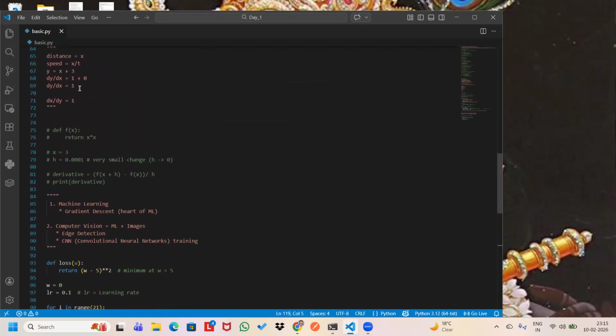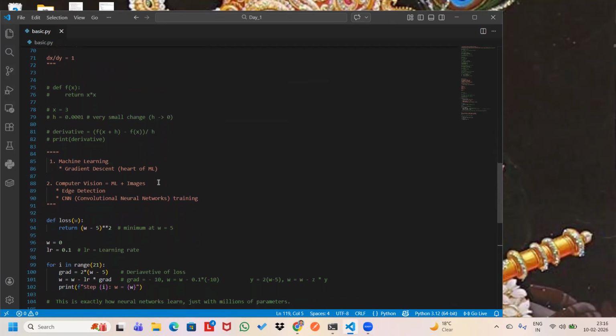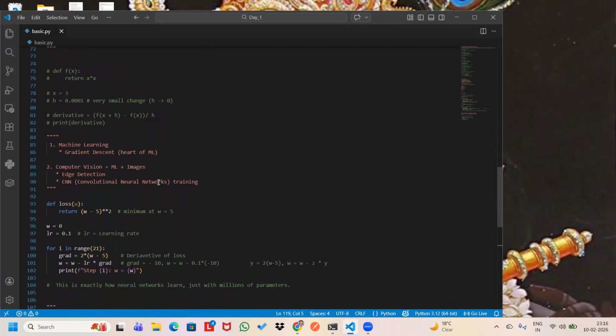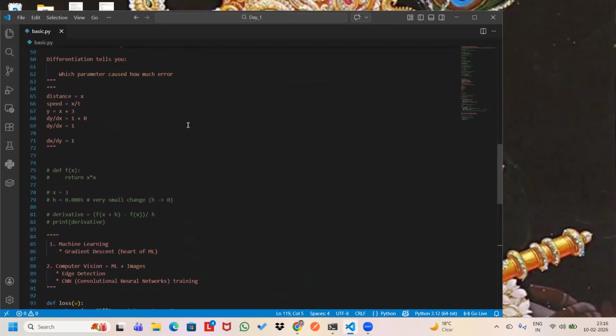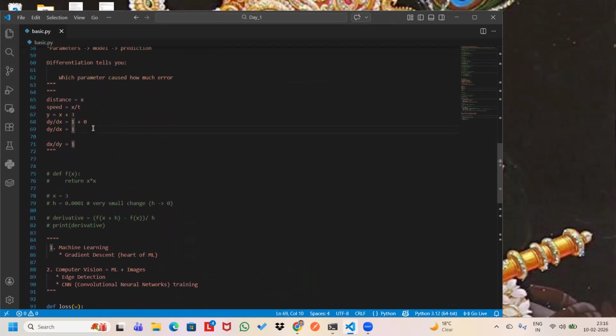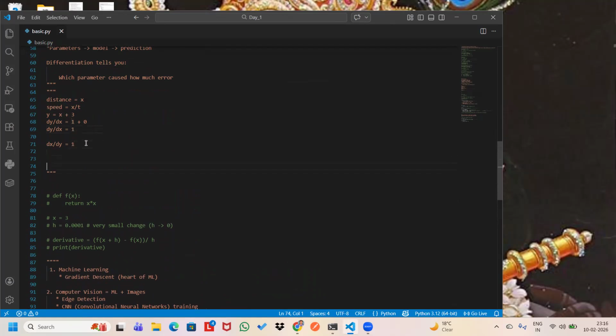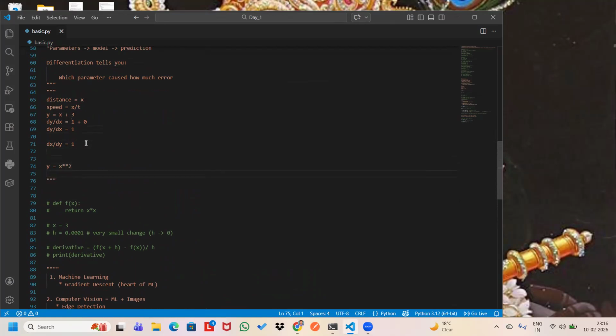So if I take y equals x square, let me write over here an example. If I have y equals x to the power 2, and if I differentiate it, then what will happen?